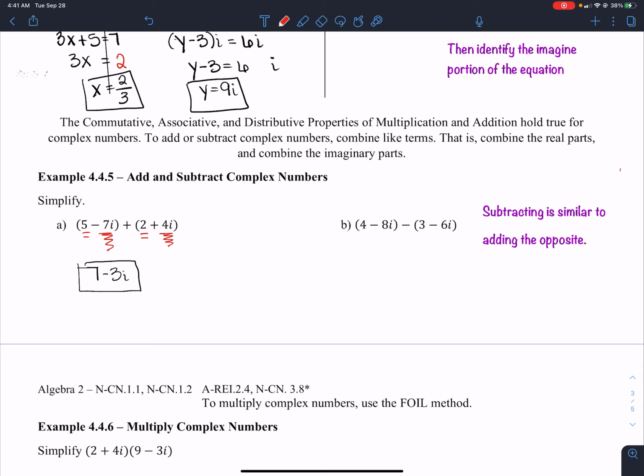So taking our coefficients, we're going to have 4 minus 3. That gives us 1. And then you're going to have negative 8i minus negative 6i.